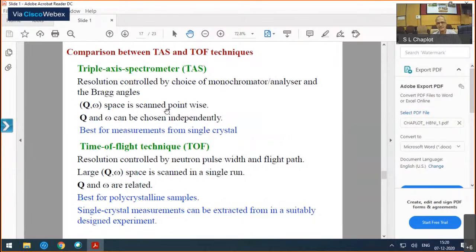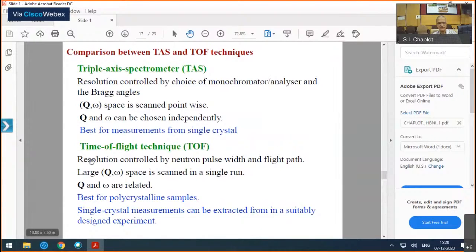So every step in the scan gives you one point in the Q omega space. But then this can be chosen all independently, and one can find out how the spectrum is. This is best for measurements using single crystals, where it is important to identify the values specifically.